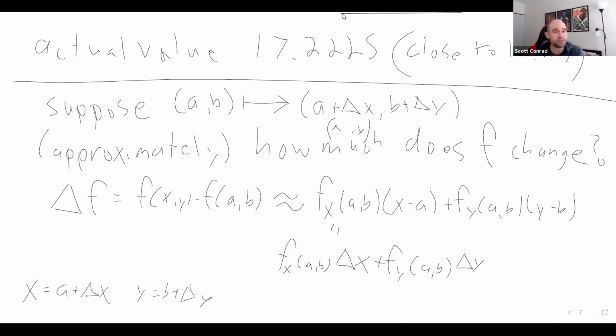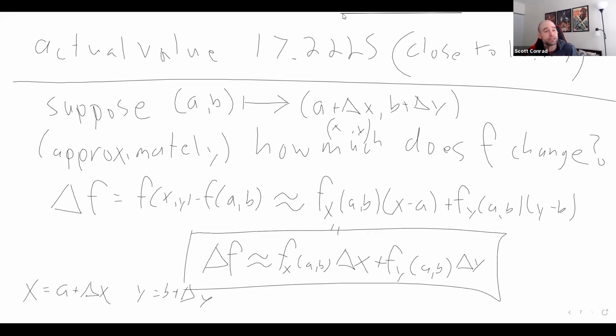So if you want to see how f is changing if you go from a, b and you just change the x coordinate by delta x and the y coordinate by delta y, that's going to be the partial with respect to x at AB times the change in x plus the partial with respect to y at AB times the change in y.